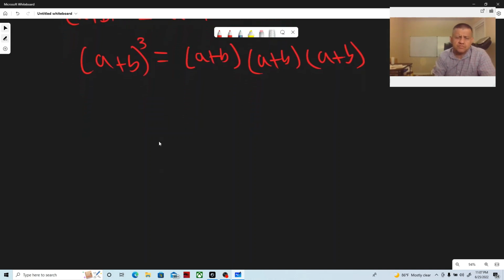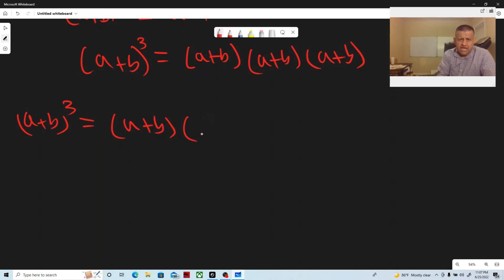Okay, so in this case, I'm going to say that a plus b cubed is equal to a plus b to the 1st power times a squared plus 2ab plus b squared, right?